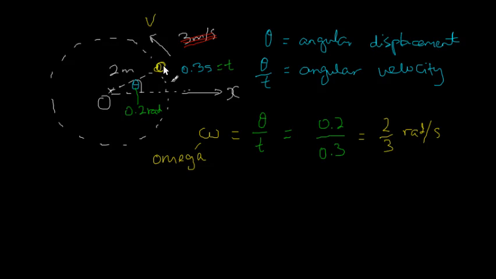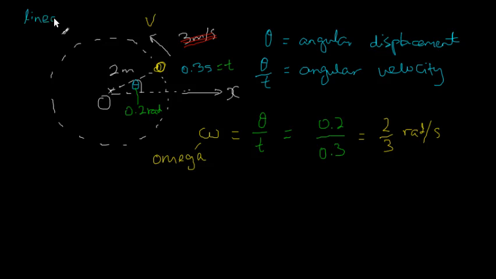To distinguish from the angular velocity, this normal or more commonly used velocity in meters per second is usually called the linear velocity.